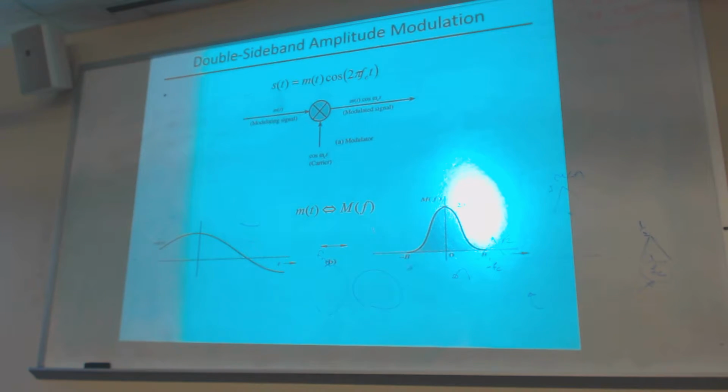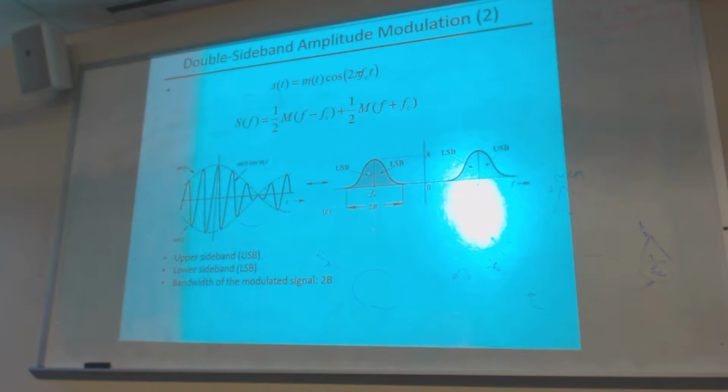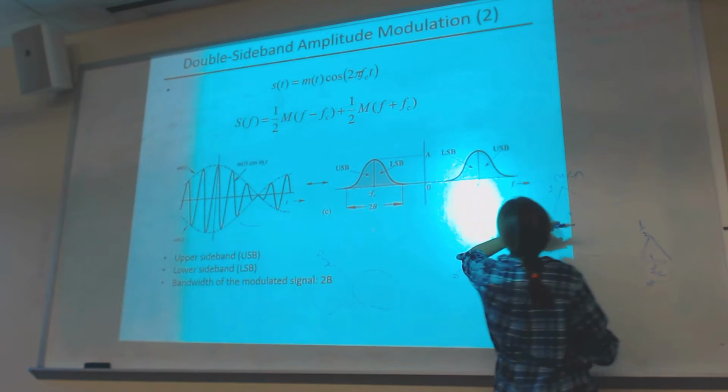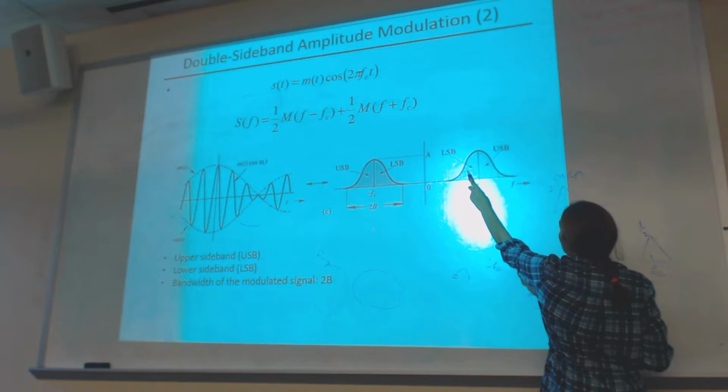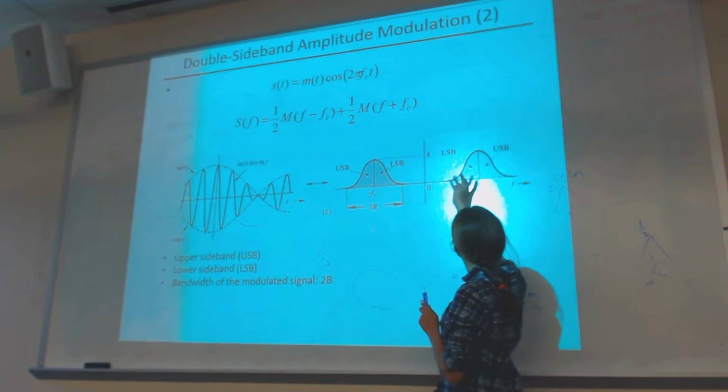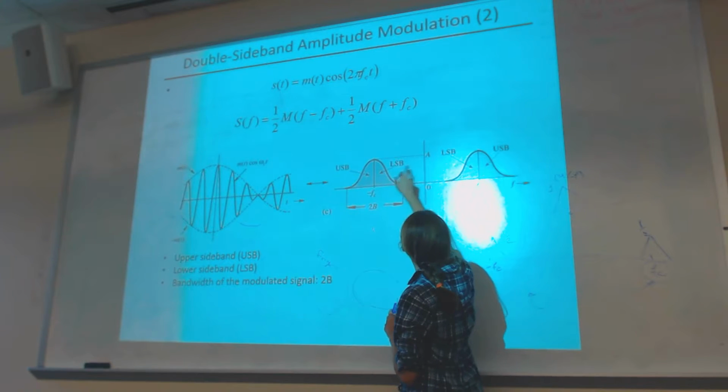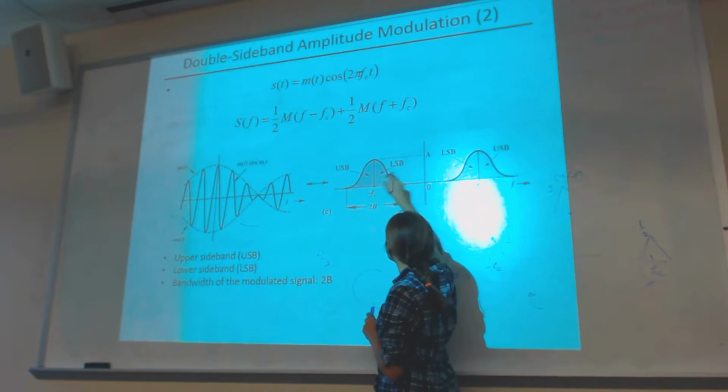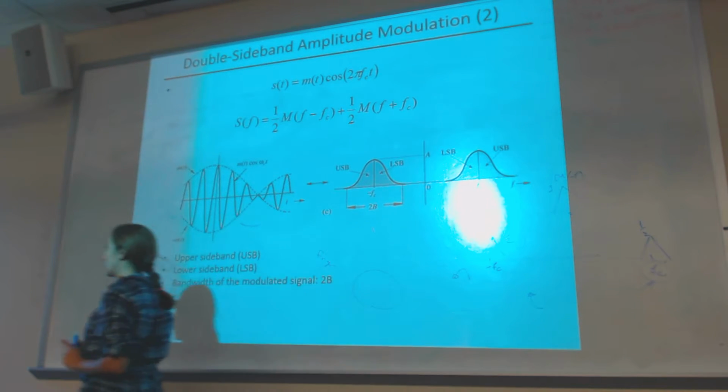So this modulating signal, again, m of t. Let's say this is the baseband spectrum. After multiplication, we have 2 replications of that. So now if you look at these, we have upper sideband and lower sideband here, and then the mirror of that, this is corresponding to the lower sideband and upper sideband. We have that.